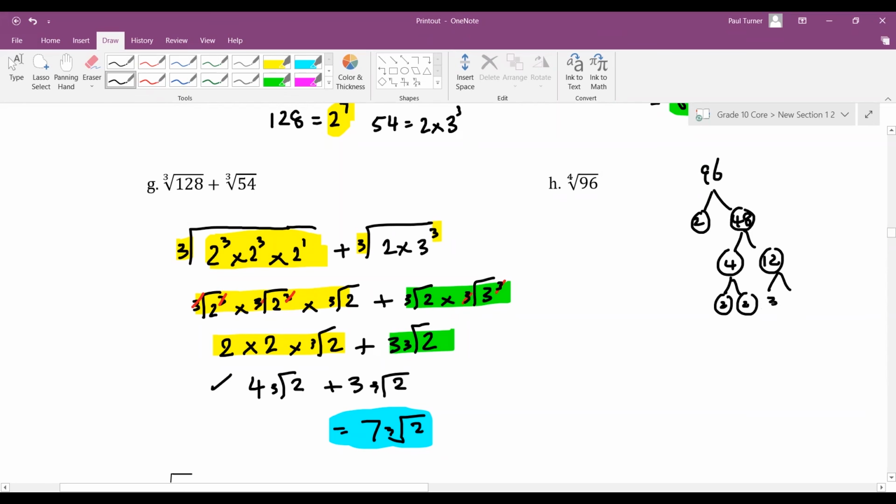This would be 3 times 4. And that would be 2 times 2. So start off with your tree and get your prime factors out here. So we got fourth root of 2, 2, 2, 2, 2, 3.